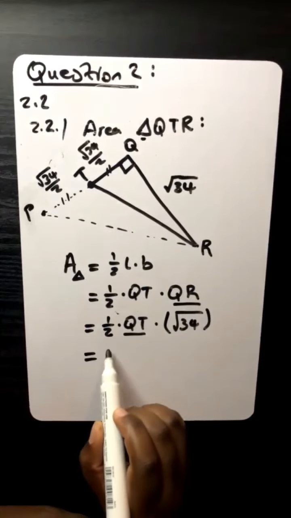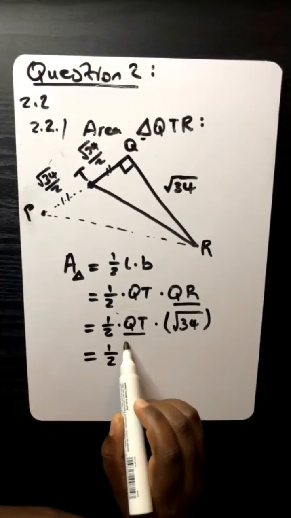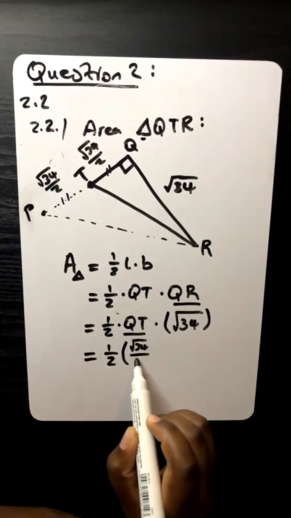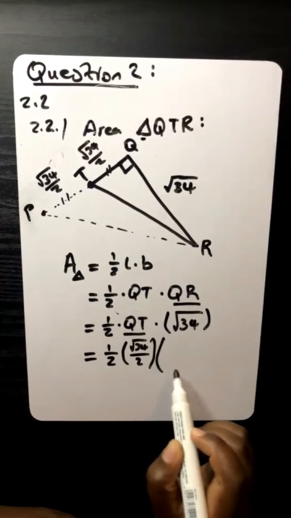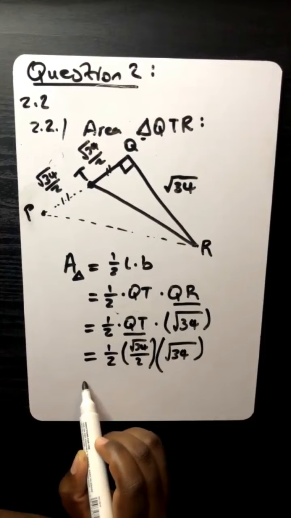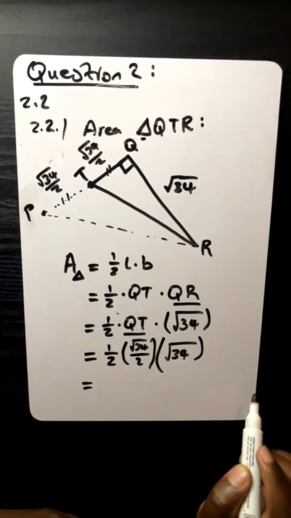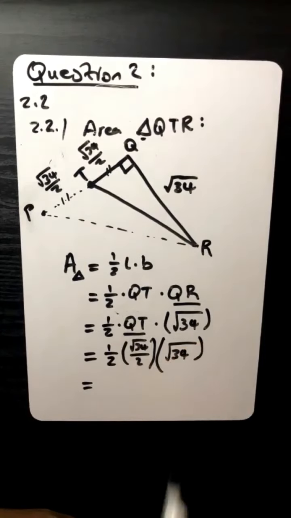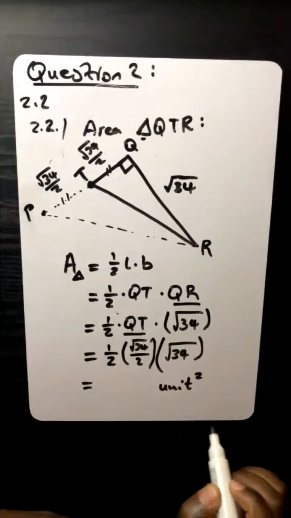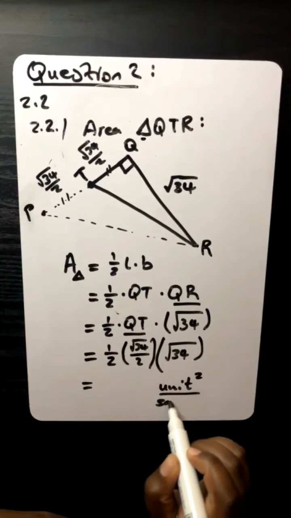So this is 1 over 2 into square root of 34 over 2 into square root of 34. Then you can punch the whole of that to get your answer, which is an area. And remember, it should be units squared or square units.